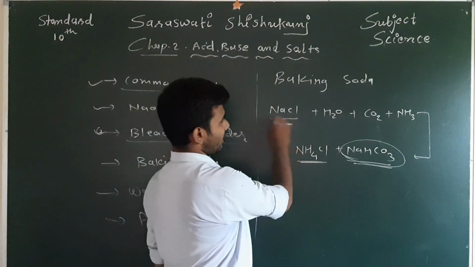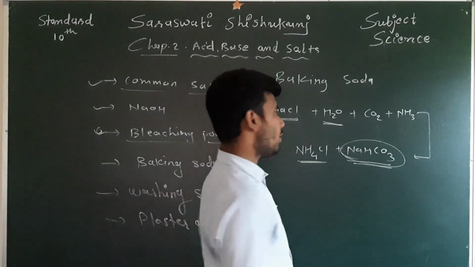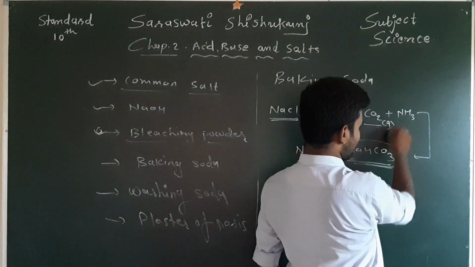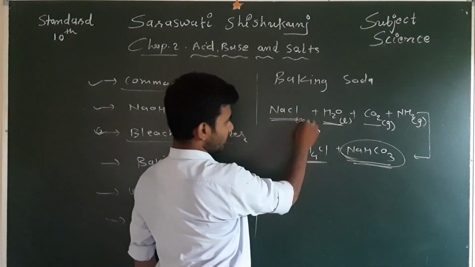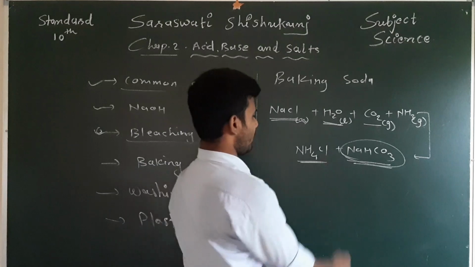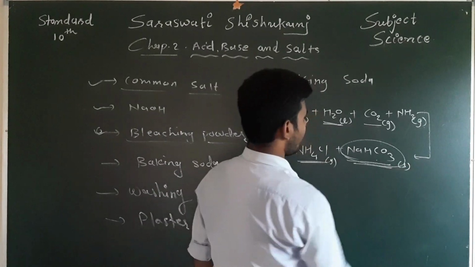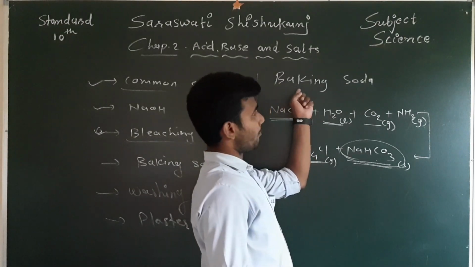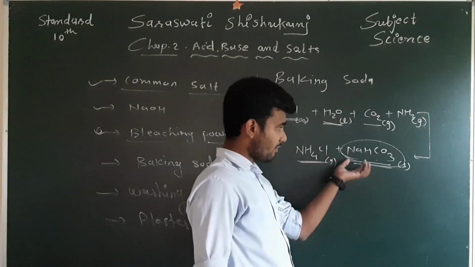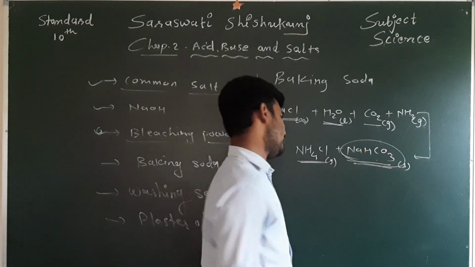So this way, NaCl reacted with H2O, and from that, if carbon dioxide and ammonia gas are passed, we will get ammonium chloride and sodium bicarbonate or sodium hydrogen carbonate, which is also called our baking soda. So the scientific name of it is sodium hydrogen carbonate or sodium bicarbonate.